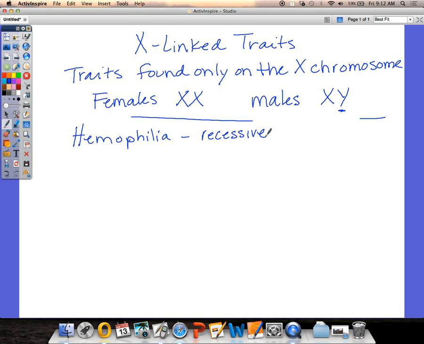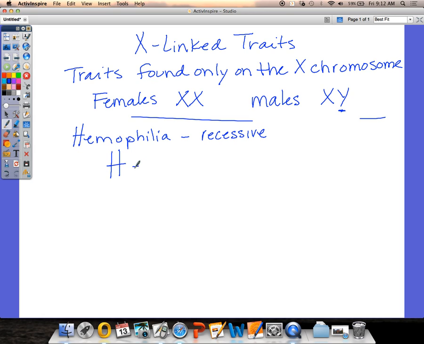So if you cut yourself, you could bleed profusely, have to go to the hospital, get stitches, versus somebody who doesn't have hemophilia, the bleeding would stop relatively fast.